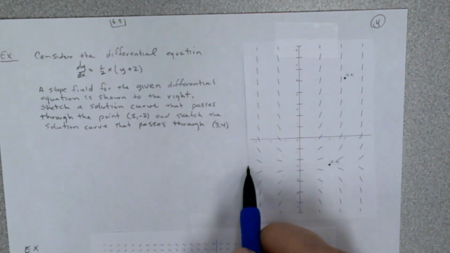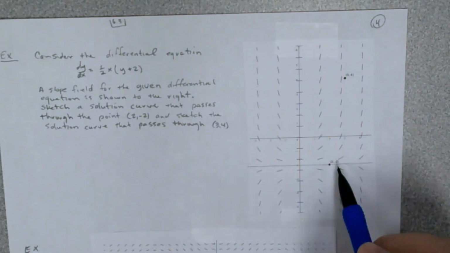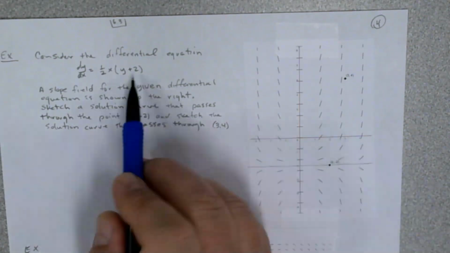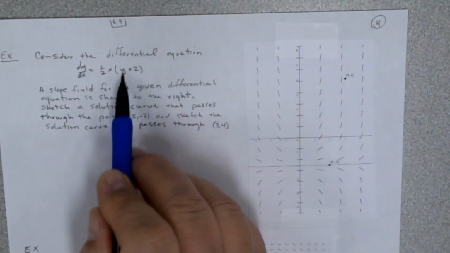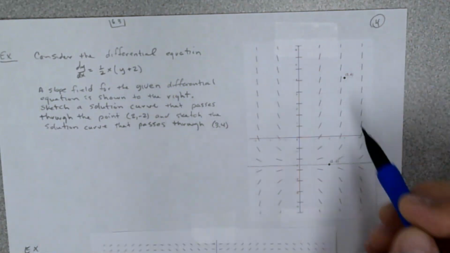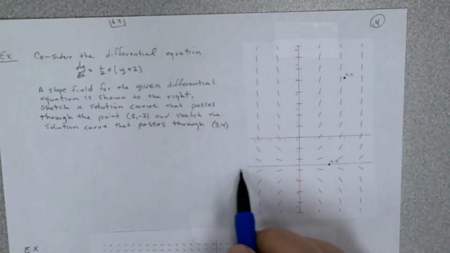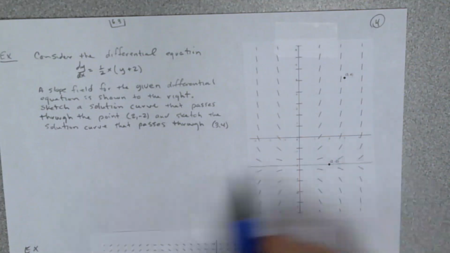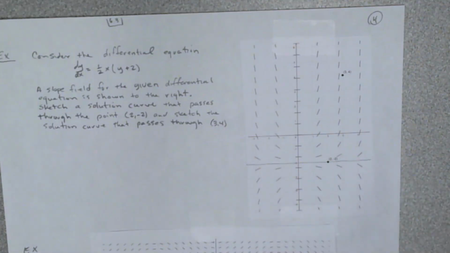A solution would be this line right here, right through that point. And think about it, why would it be horizontal? Okay, take a look. What happens when y is -2? That's the slope field, right? So the slopes here are that. So the solution curve is going to be this, making me go in that direction.